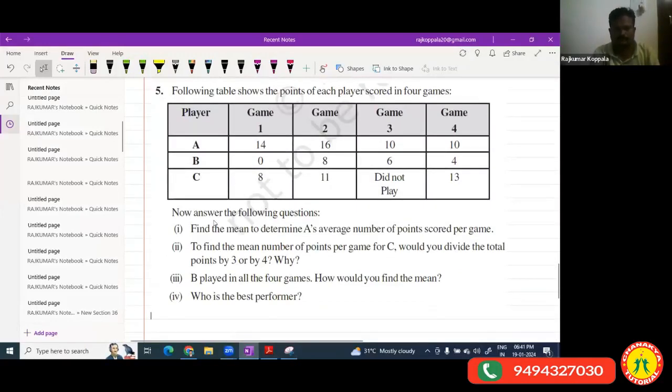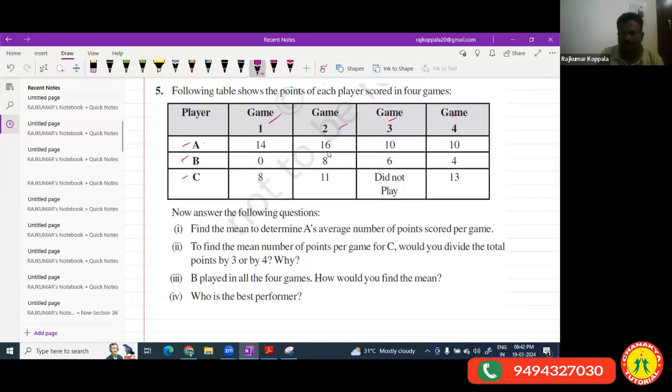Here in this table, it is given that the following data shows the points each player scored in the 4 games. Here game 1, game 2, game 3, game 4 are there. There are 3 players: in game 1, A scored 14 runs, in game 2, 16, like that. Player A, player B, player C played different scores in the different games.